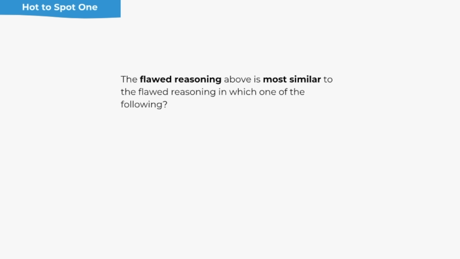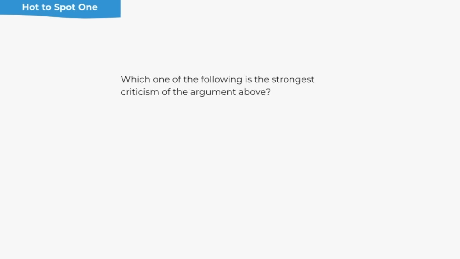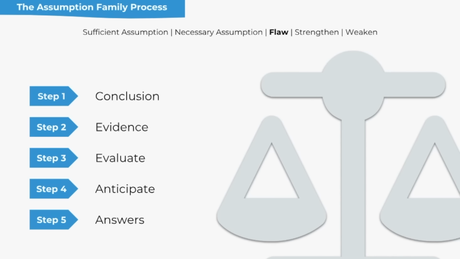Right? So in this case, there is a flaw in the reasoning, but you're not trying to describe it. You're trying to duplicate it. This is a parallel flaw question. Try this one. So here, they're saying that the argument is vulnerable to criticism, and that criticism is going to suggest that it's a flaw question.